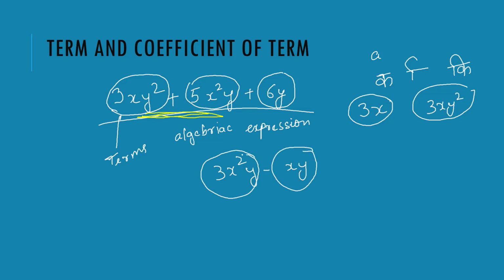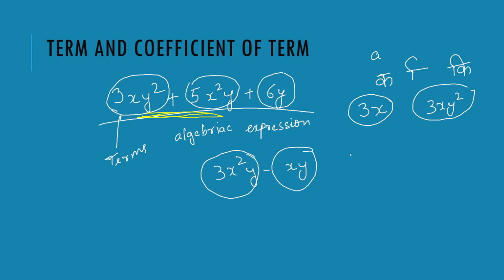Now, do you remember what factors were? The factors are, suppose 7 into 8 is equal to 56. So 7 and 8 are some of the factors of 56. Right. So they are the parts of which it is made up. So you have taken an example of a number.